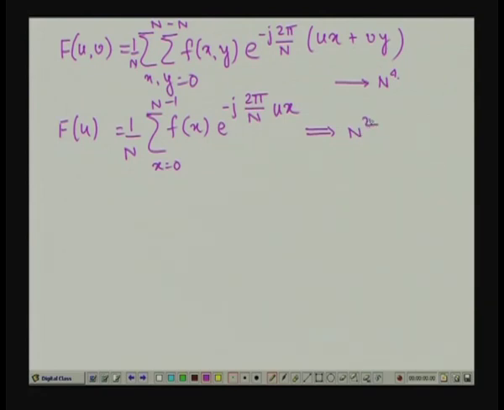Obviously, each of these computations are complex addition and multiplication operations. So, you find that a computational complexity of N square for a data set of size capital N is quite high.